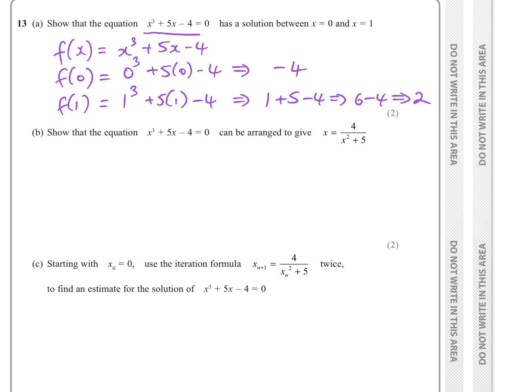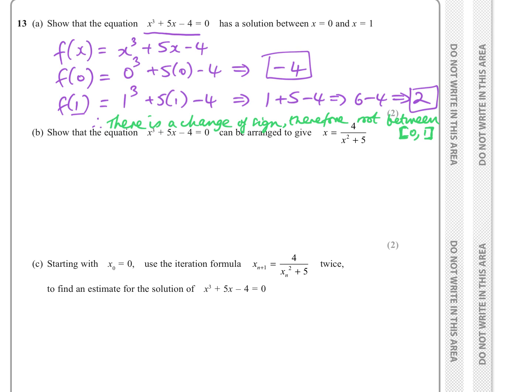Now, what we can see is that at 0, the function was 4 units below the x-axis, and at 1, it was 2 units above. Therefore, there is a change of sign, therefore root between 0 and 1.